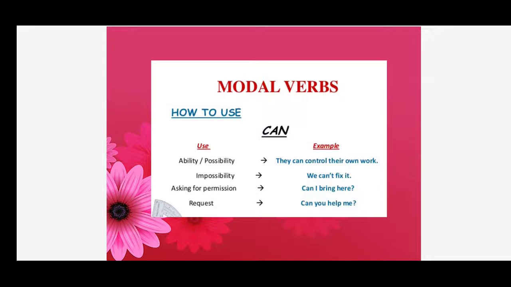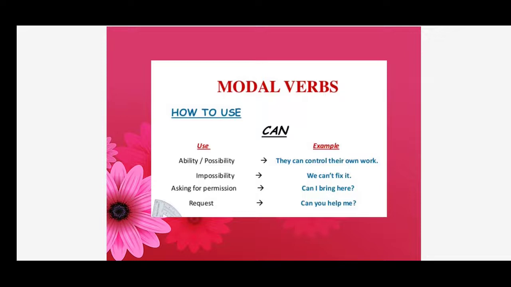Now next is impossibility, which we can express just by adding not. "We can't fix it." If we would say "we can fix it," that would be our ability or possibility of something. But if we say "we can't," that becomes the negative expression, impossibility.